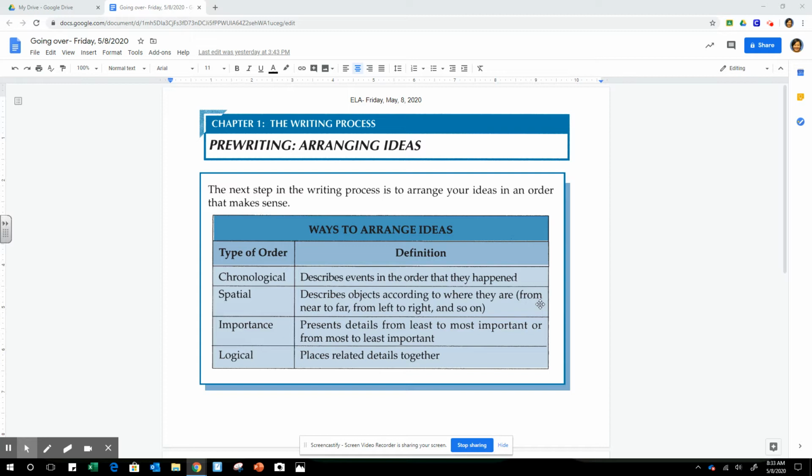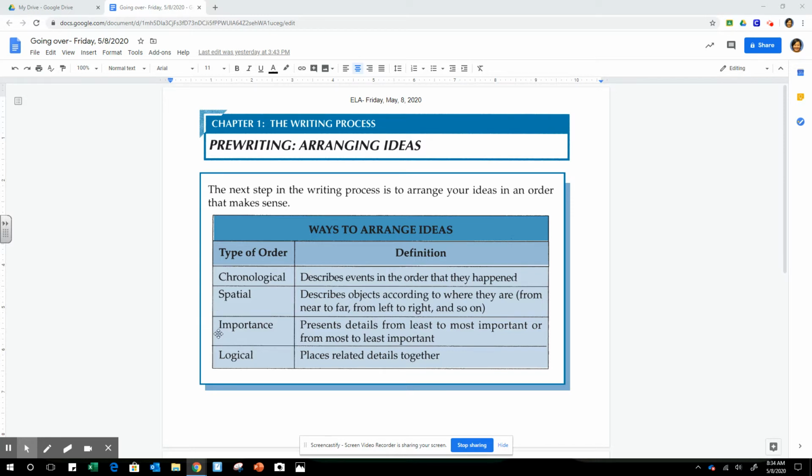For example, if you're describing an area that you've been in, or you're trying to explain a map to somebody, that's when you're using spatial as your type of order to help you organize your ideas.